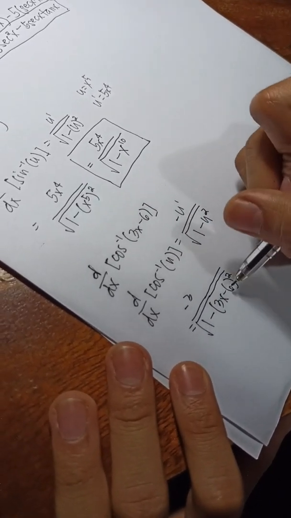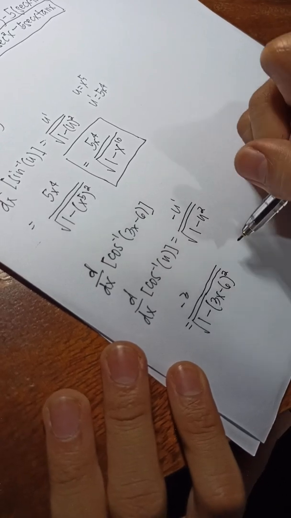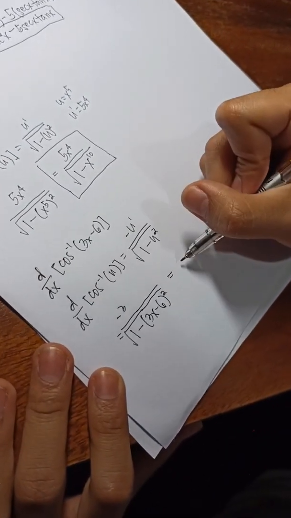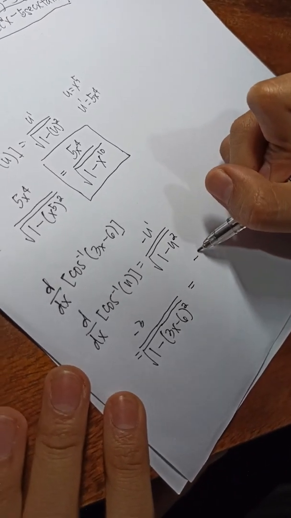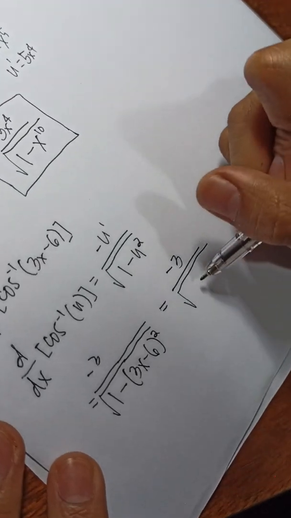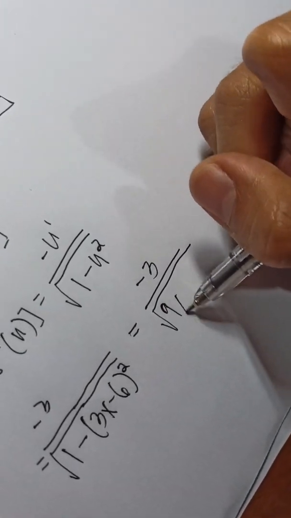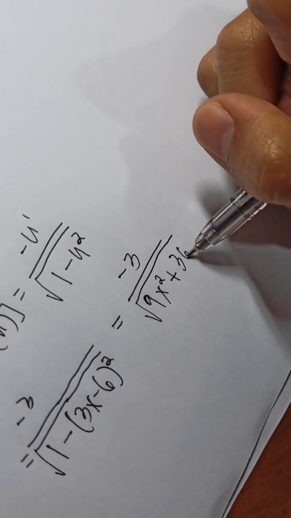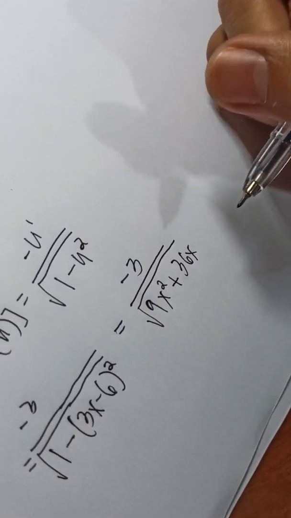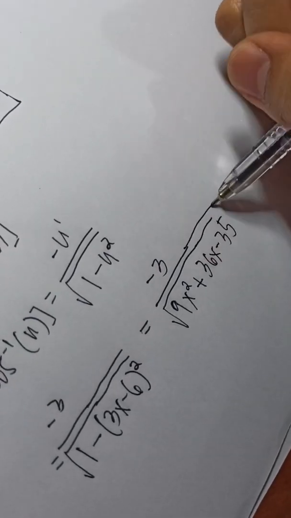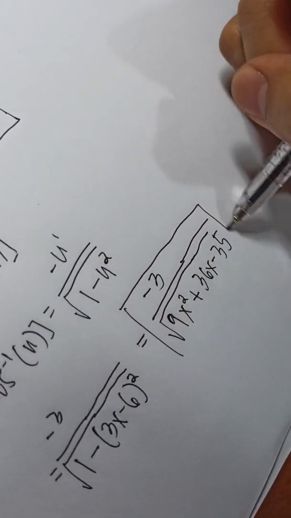So squaring 3x minus 6, this will give us our final answer, which is negative 3 over the square root of 9x squared plus 36x minus 35. So this is our final answer.